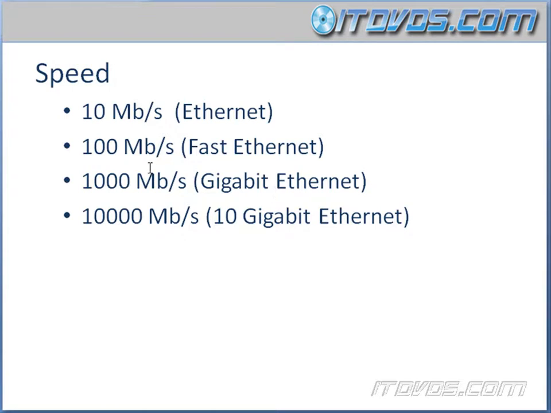But in order to run at a certain speed, both the network interface card and the cable have to be able to support that speed in order to run. So let's say a host is connected to a switch with an Ethernet cable. The network card in the host has to be able to run at, let's say you're trying to run at gigabit, the network card in the host has to be able to support gigabit speeds.